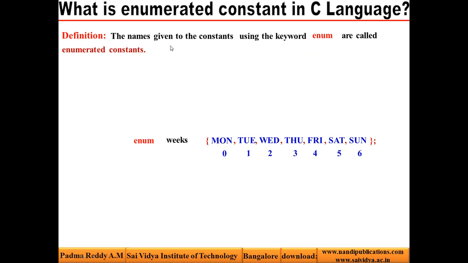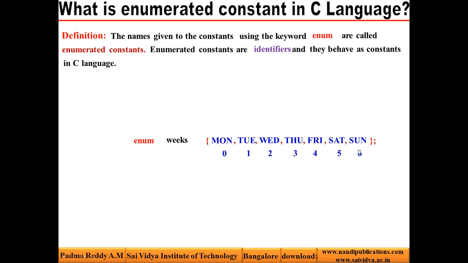So the names given to the constants using the keyword enum are called what? Enumerated constants. The enumerated constants are identifiers. If you observe, these are all identifiers. So enumerated constants are identifiers and they behave as constants in C language.